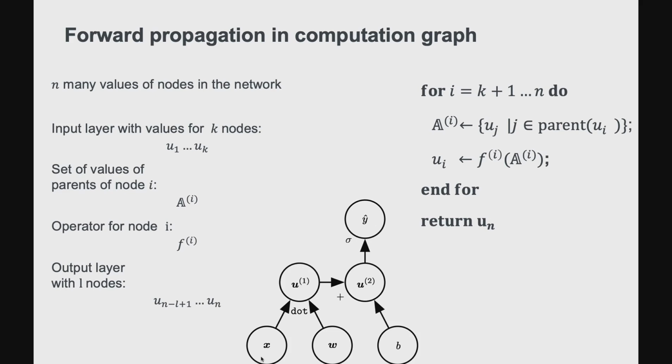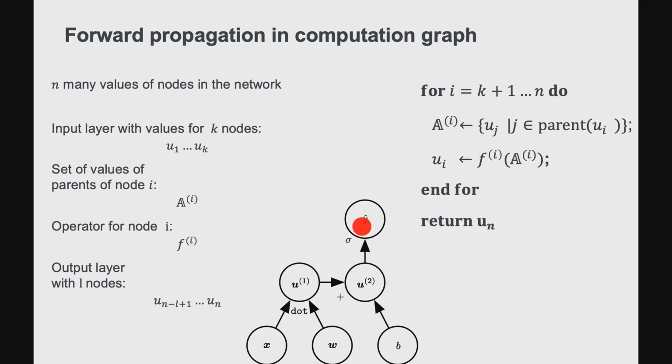So how do we do the forward propagation? We don't operate on the input. So for the nodes starting with k plus 1, where k is the length of the input, so here that would be 3, starting with the node 4, we go according to the topological sorting through all the different nodes.